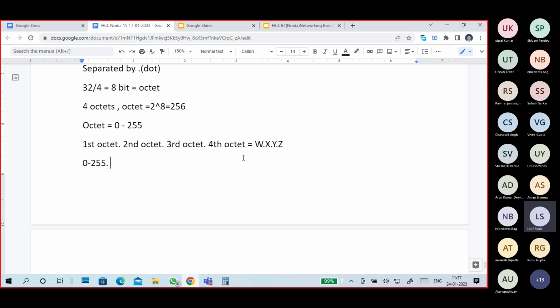W means first octet, X second, Y third, Z fourth. Each octet is 0 to 255, not more than that. So 4 octets completed.